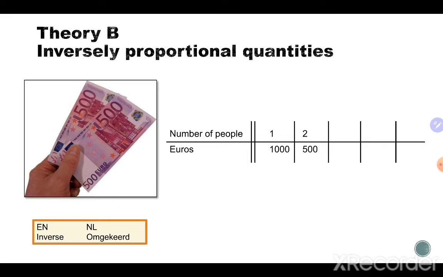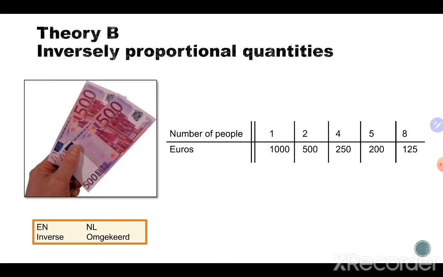If I share it with 4 people, then each person gets €250, because 4 times 250 is again 1,000. We can go on. With 5, you get 200, because 1,000 euros divided by 5 is 200. 1,000 divided by 8 is 125.